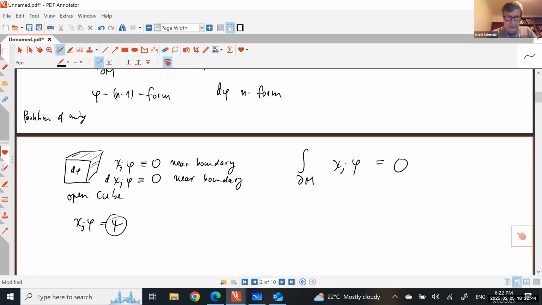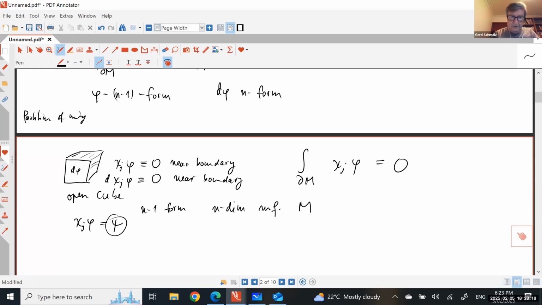So now what is psi first of all? This is an n-1 form, and an n-1 form on an n-dimensional manifold M consists of n terms.